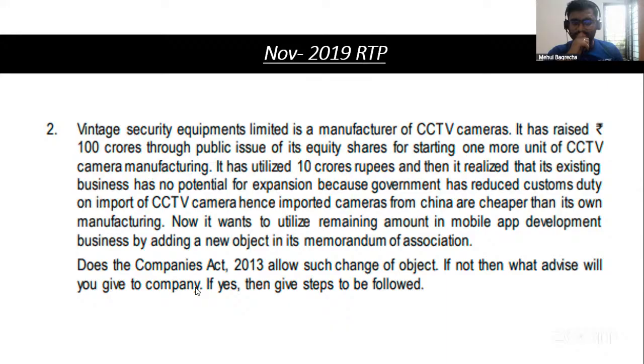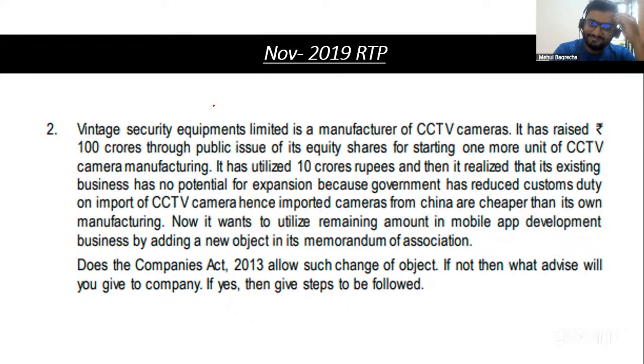November 2019 RTP. Vintage Security Equipments Limited is a manufacturer of CCTV cameras. It has raised rupees 100 crores through public issue of its equity shares for starting one more unit of CCTV cameras manufacturing. It has utilized 10 crore rupees and then it realized that its existing business has no potential for expansion because the government has reduced customs duty on import of CCTV cameras.